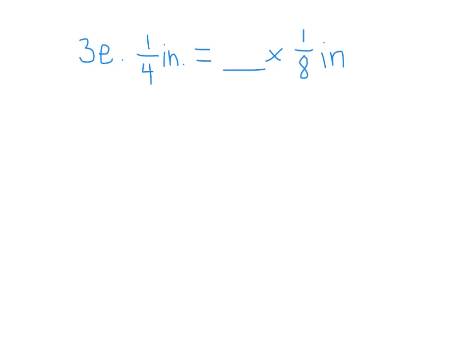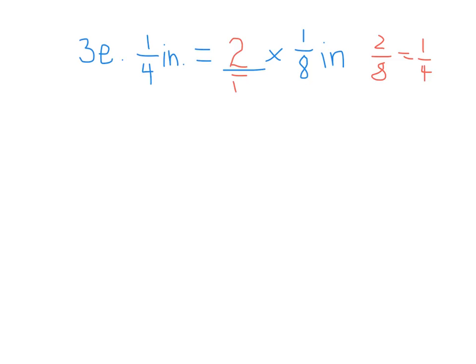So what would I multiply times 1/8 to get 1/4? And I'm going to multiply by 2, because when I multiply those, the 2 would go over 1, and 2 times 1 is 2, and 1 times 8 is 8, and 2/8 is the same as 1/4. Okay? Most of these you should be able to figure out if you think about them.